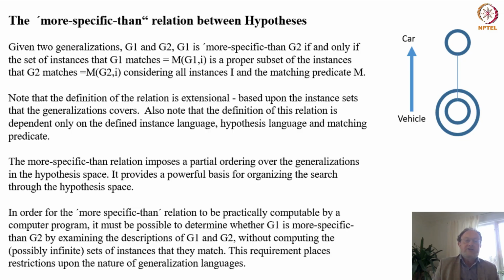So even if the relation is defined by the instances, it's not tractable to make judgments of the relation between hypotheses by looking at instances. This requirement, that we have to be able to decide on the validity of a relation just based on the description, places restrictions on the way our language is formulated.